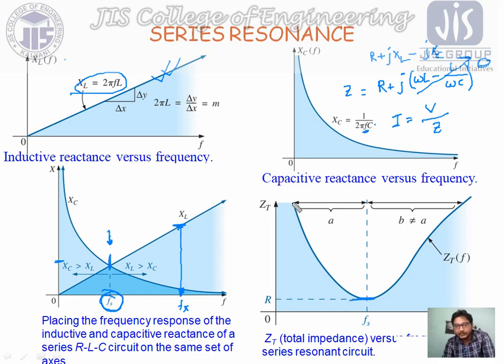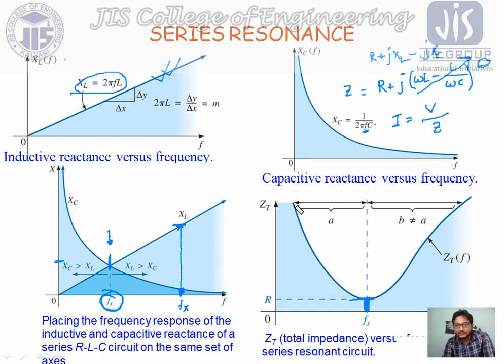This minimum point can never be 0 because the circuit contains some amount of resistance. Before the resonance the circuit has more impedance than at the resonance condition, and similarly after resonance the impedance is also more.